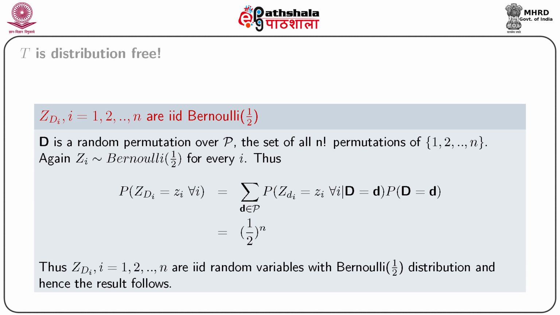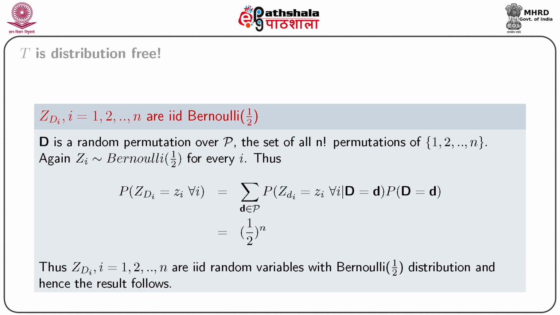Since Zi and modulus of Xj are independent for any i not equal to j, the desired independence follows. Now, being a function of modulus of Xi, i from 1 to n, R plus is independent of Zi. Thus, Zi and Di are independently distributed for i from 1 to n, as D vector, the vector of anti-ranks, is completely determined by R plus, the rank vector.